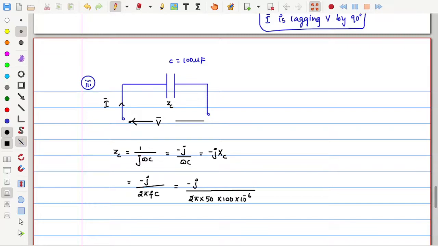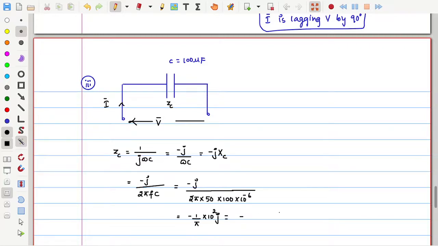Again, just see this: 2 into 50 is 100. So 100 into 100 is 10 power 4. 10 power 4 and 10 power minus 6, so 10 power minus 2 is left out. So pi into 10 power minus 2. So that becomes, tell me, 1 by pi into something, j. That is 100 by pi, minus j.